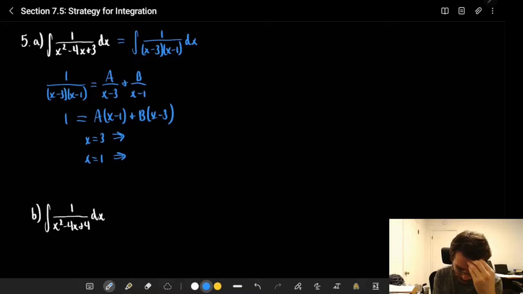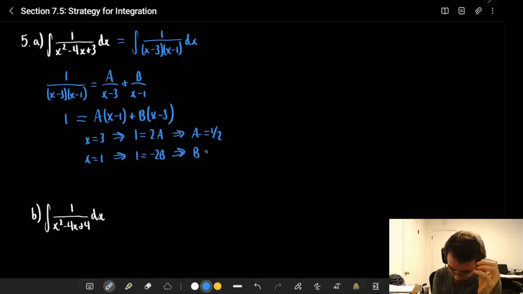X equals 3 would give me 1 equals 2a. So again, a is a half. X equals 1 gives me 1 equals negative 2b. So this time b is negative a half.